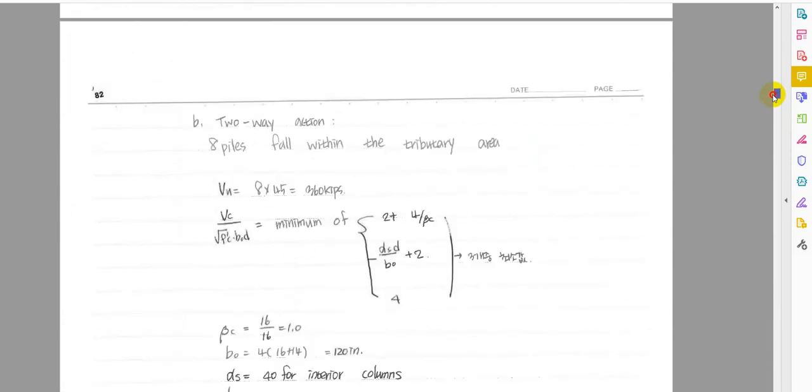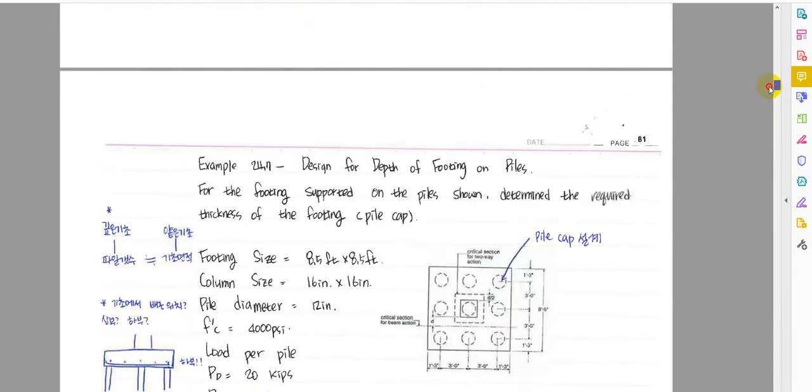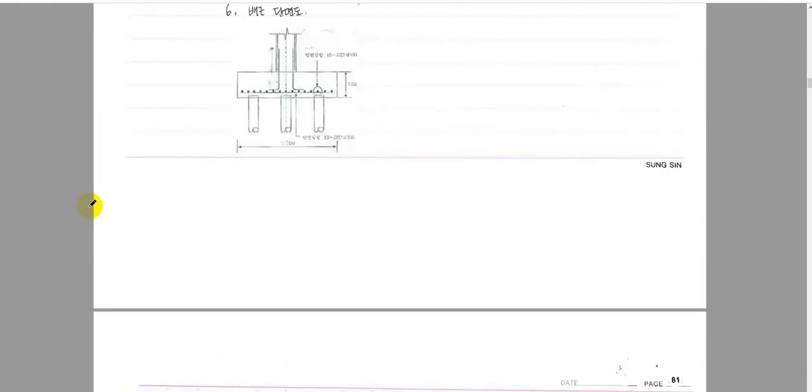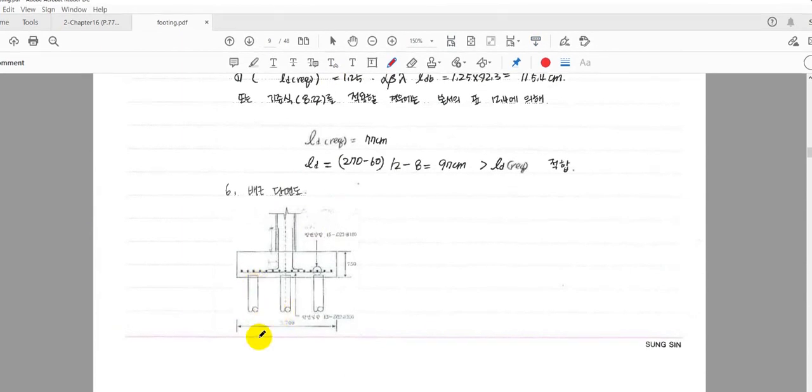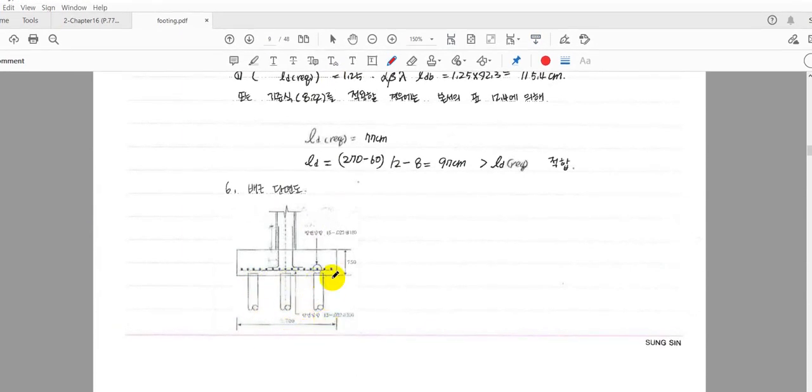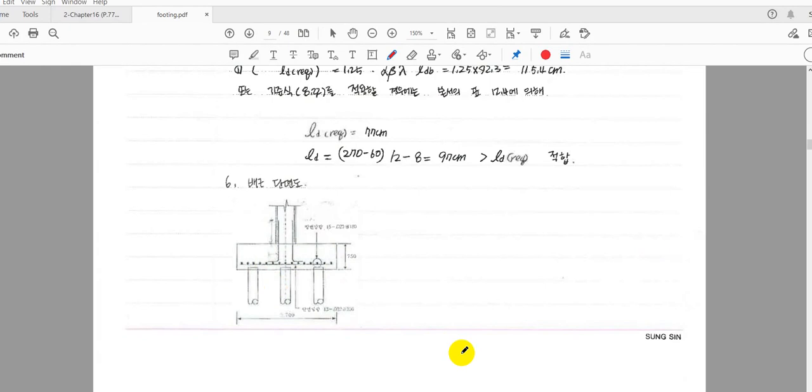Okay, this is a configuration of the deep foundation. You have piles over there, but you need another big shallow type of foundation, which is called a pile cap. This is the cap under the pile. So this is called a pile cap, and this pile cap design is exactly the same as what we have learned and discussed with the shallow foundation.